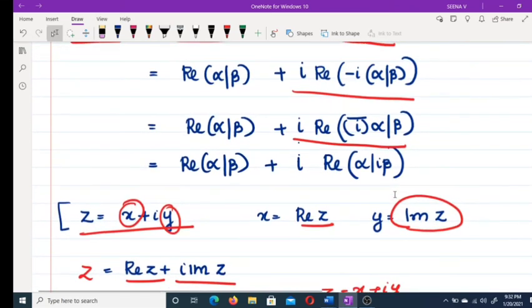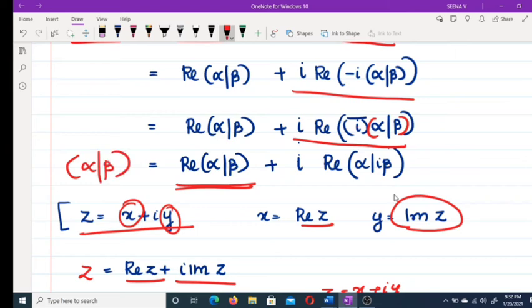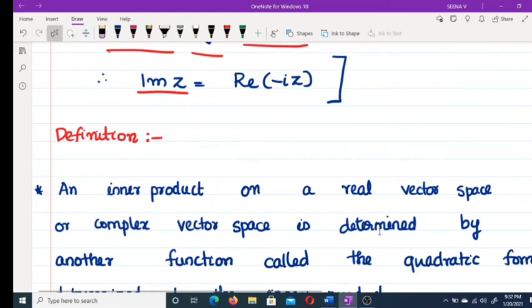So this is the same as inner product of alpha and i beta. Therefore, inner product of alpha and beta is the same as real part of inner product of alpha and beta plus i into real part of inner product of alpha and i beta. Okay.